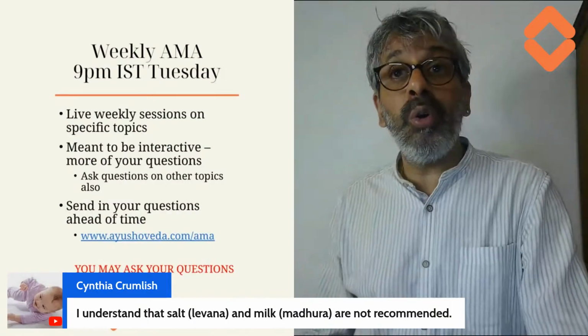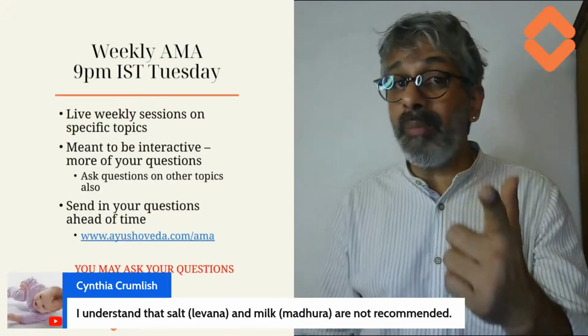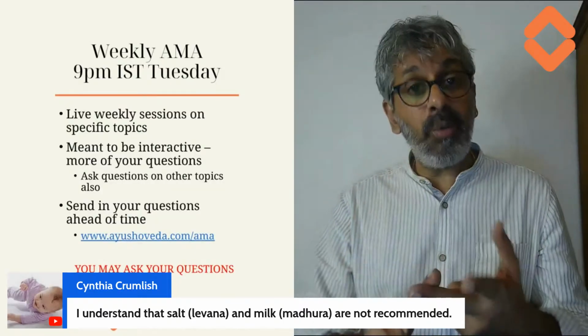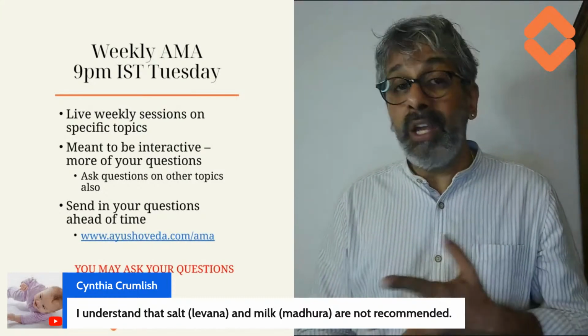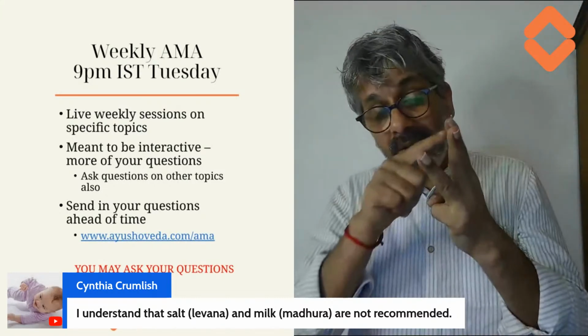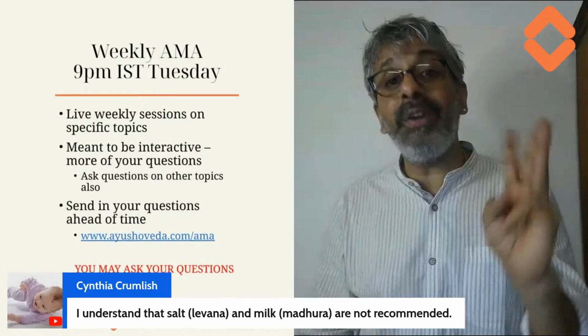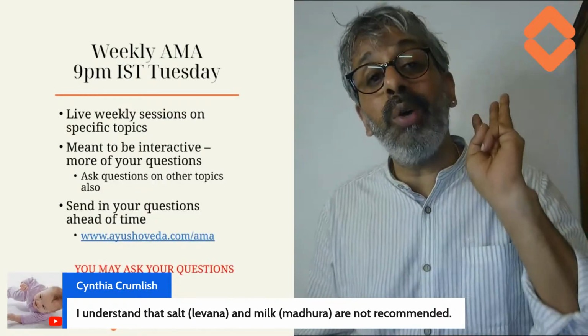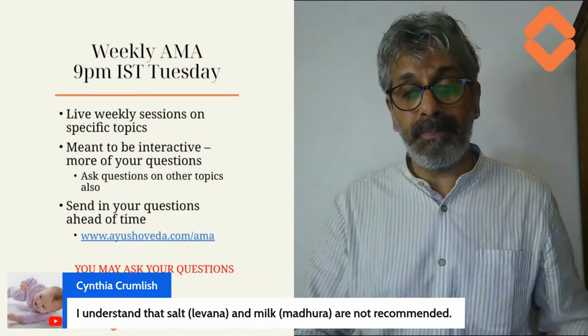So it is heat generating. That is why in summers, salt, sour, and spicy tastes have to be avoided. Of all the six tastes, only these three have Agni Mahabhuta in them. That's why you have to avoid these when Agni is specifically high.